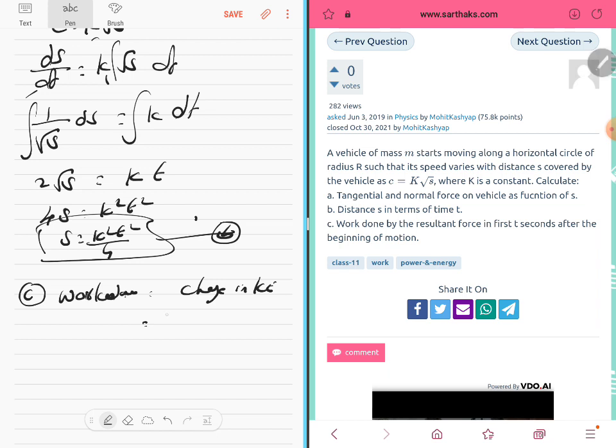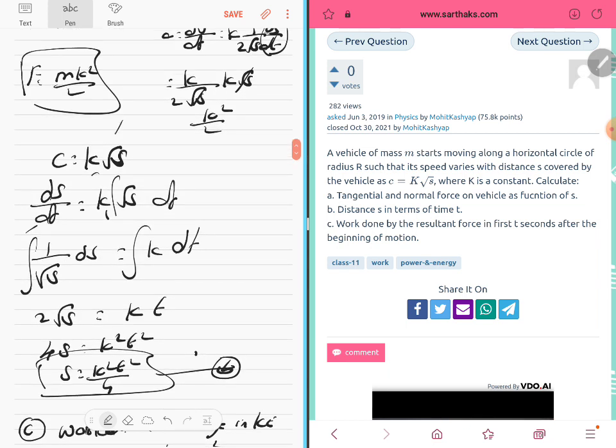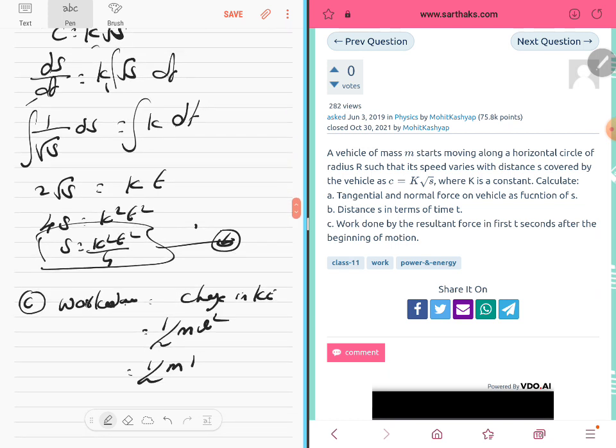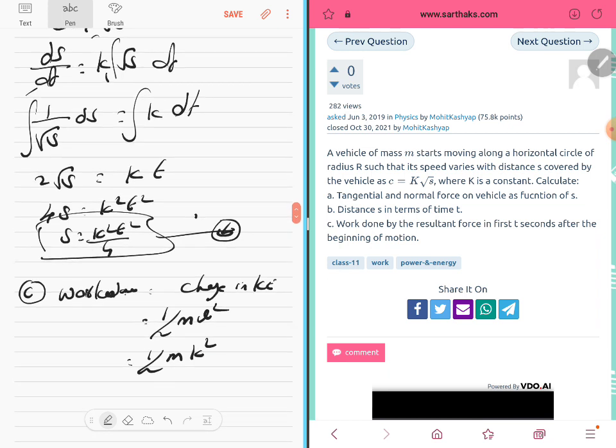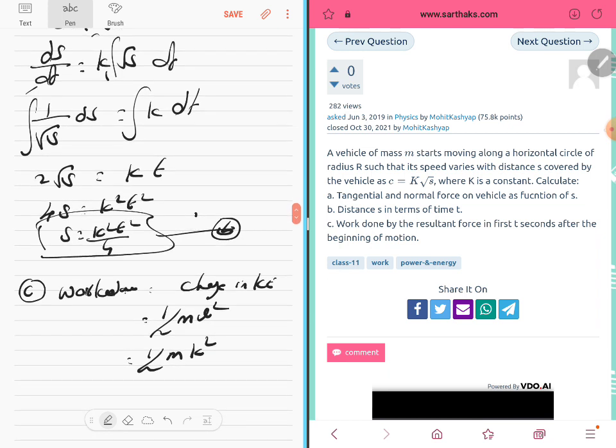If it's initially at rest, it is half m v square. What is the velocity? This is the tangential velocity. So in time t, how much would be the velocity?